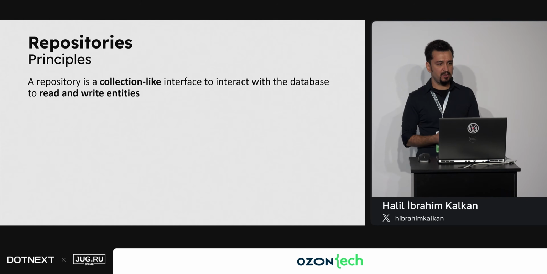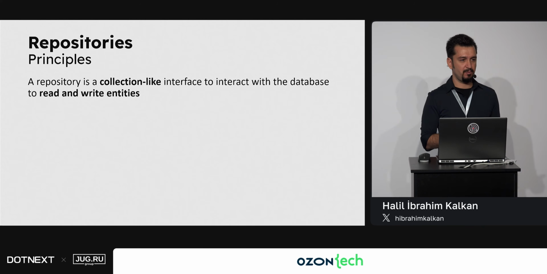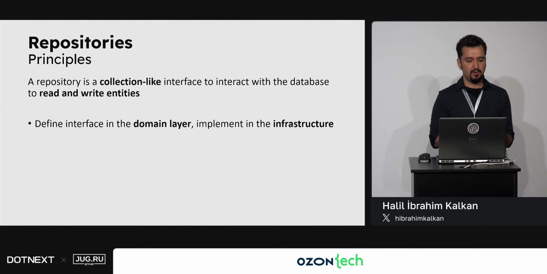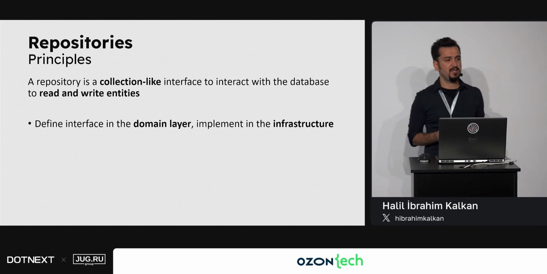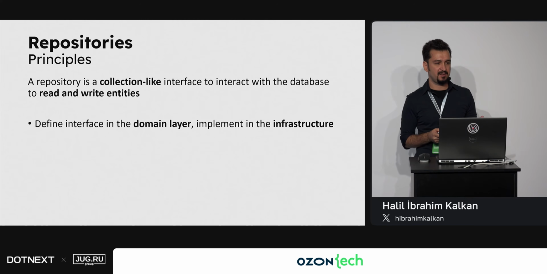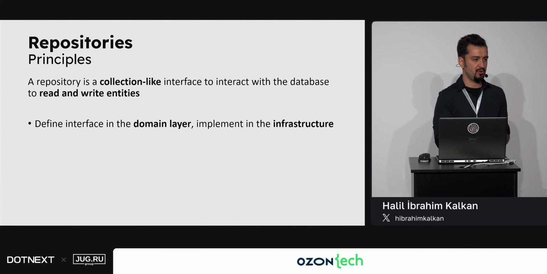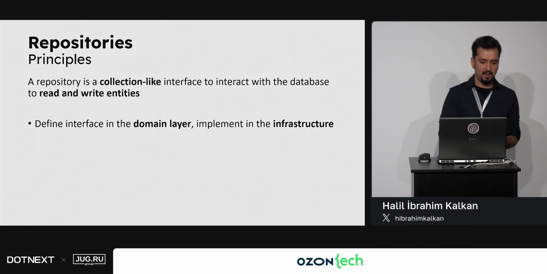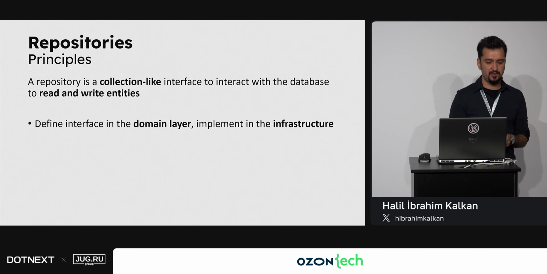A repository is a collection-like interface to abstract the database access logic from the upper layers. While implementing repositories, we typically have repository interfaces defined in the domain layer, so domain services and also application services can consume these interfaces, and we implement them in the infrastructure layer.